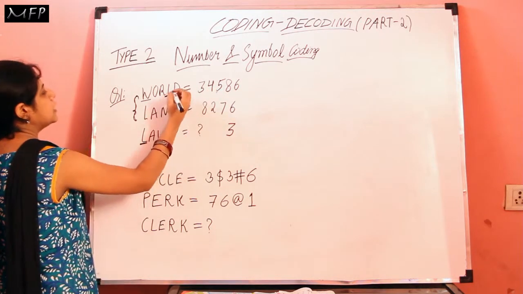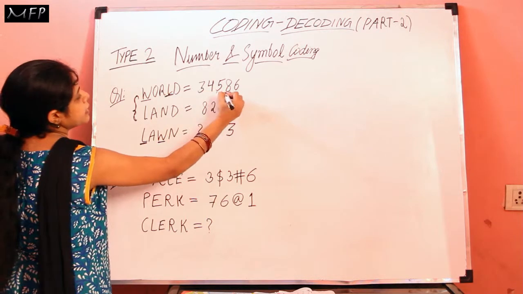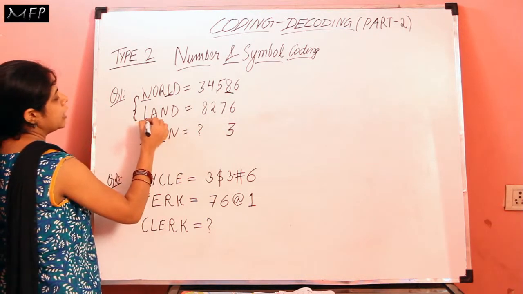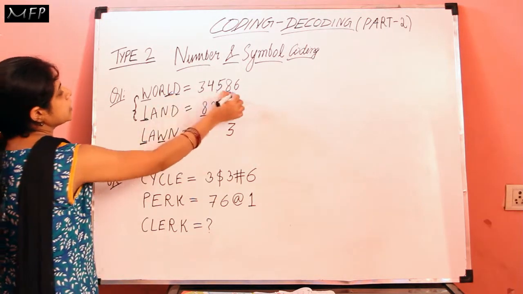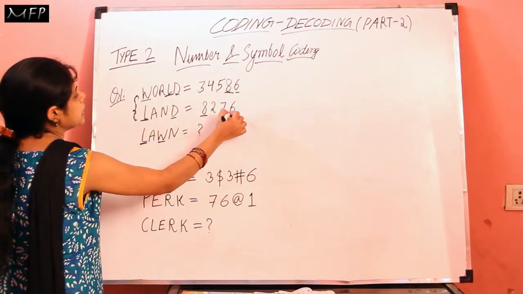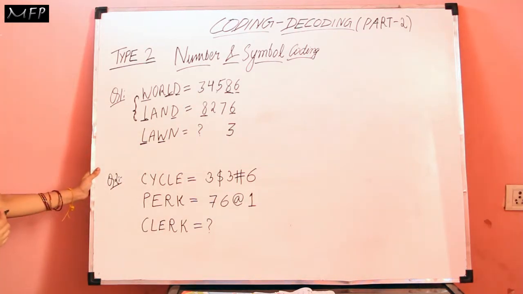Here the code for L is 8 and here the code for L is 8. And the code for D is 6 and here also the code for D is 6. So it is clear that the code given in place of each alphabet is correct for that alphabet only.